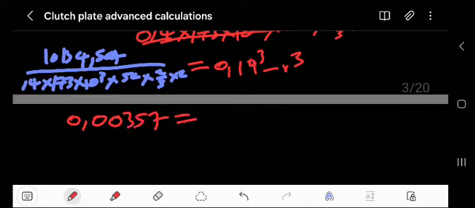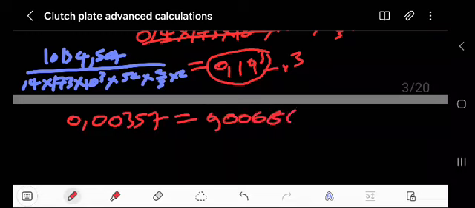Then I punch 0.19 cubed. This will simply equal 0.00686 minus r cubed.